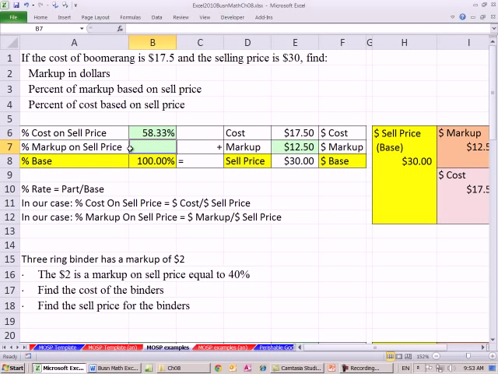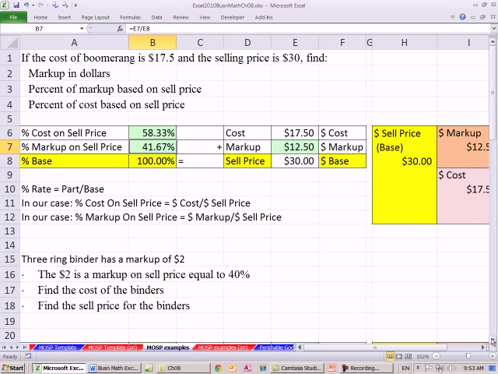Associated rate or percentage equals associated part divided by the base. So those two represent, every time we have $1 come into the cash register, approximately 58 1/3 pennies goes to the cost. Approximately 41 2/3 pennies go to markup. All right, so that's our first example.